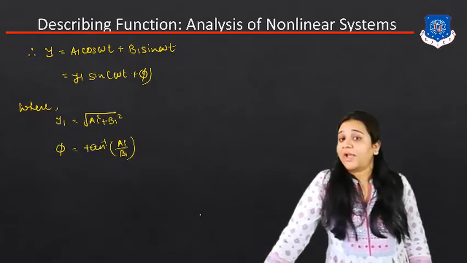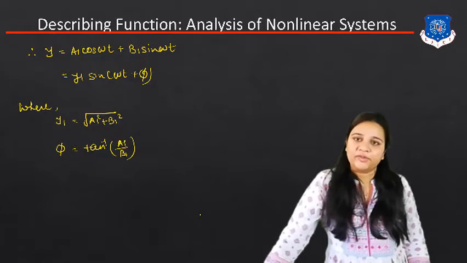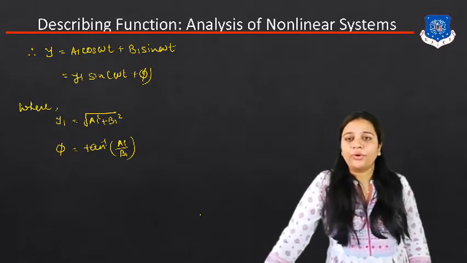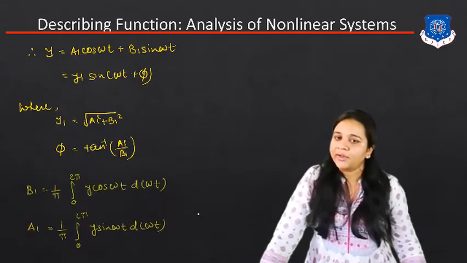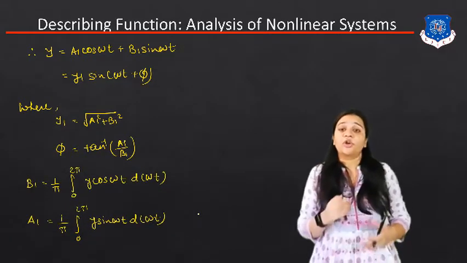where Y1 is equal to the square root of a1 squared plus b1 squared, as you know, and φ is equal to tan inverse of a1 by b1. Now what is the equation of a1 and b1?